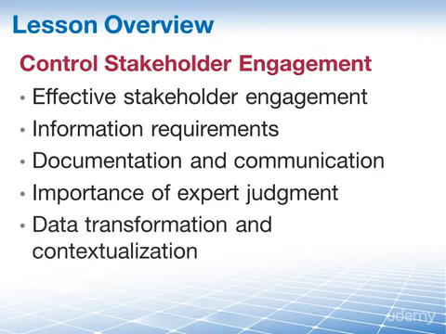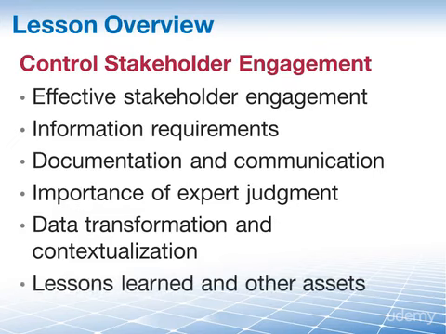We talk about raw data and how it is transformed into usable work performance information and what the difference is between raw and contextualized information. And finally, we will cover the importance of the lessons learned and other assets that are generated from this process and how they can help future projects.